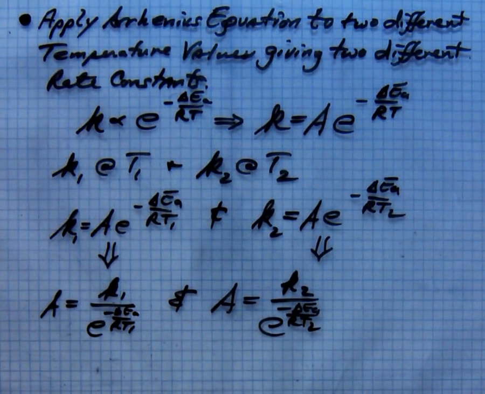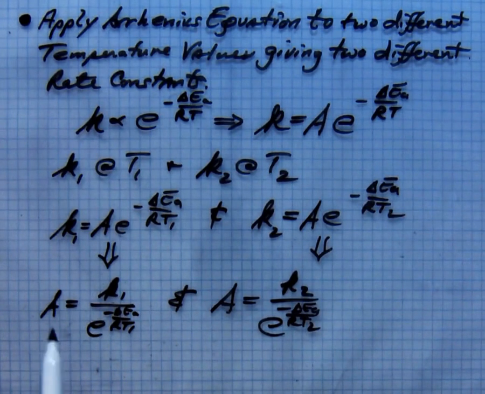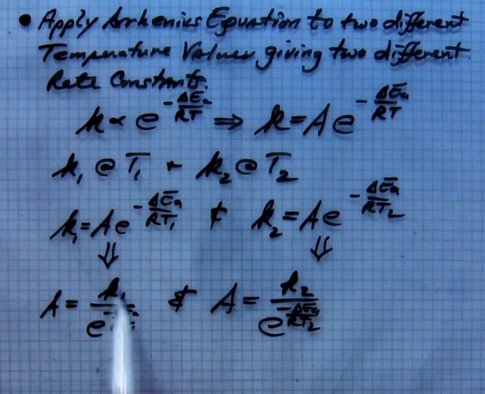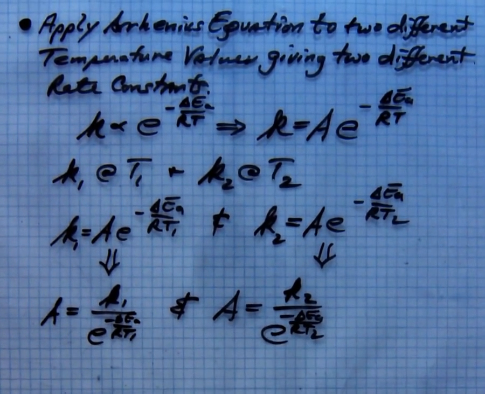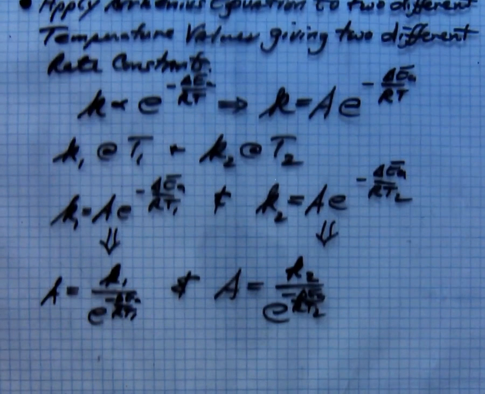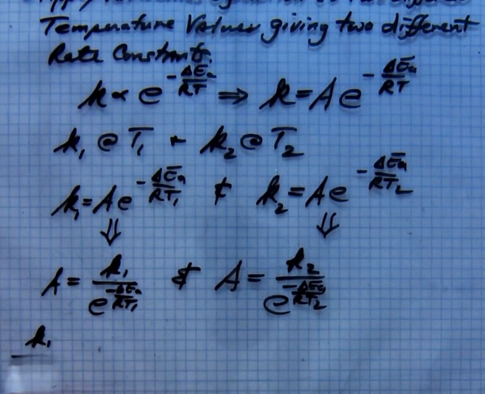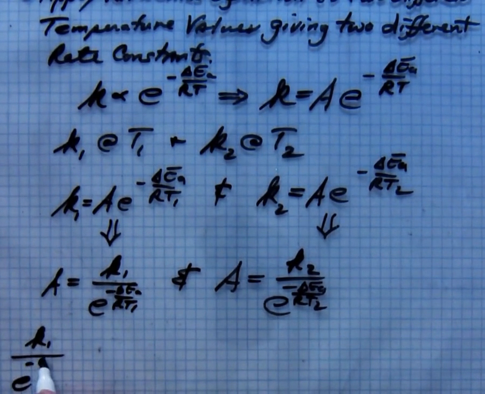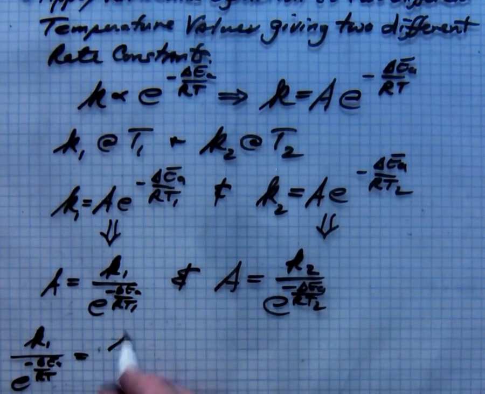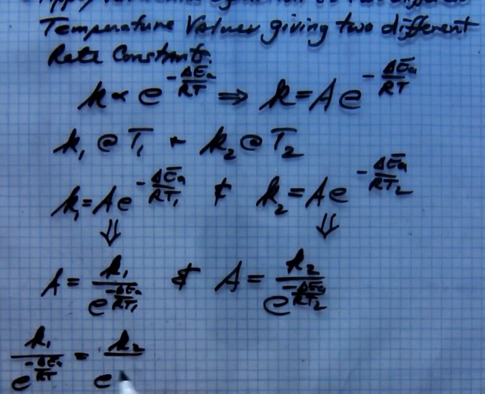Of course, A under either condition is unchanged as a proportionality constant. So if A equals A, then the relationships that we've derived for A are also equal. And so we can say K1 over e to the minus delta E sub A over RT1 is equal to K2 over e to the minus delta E sub A over RT2.